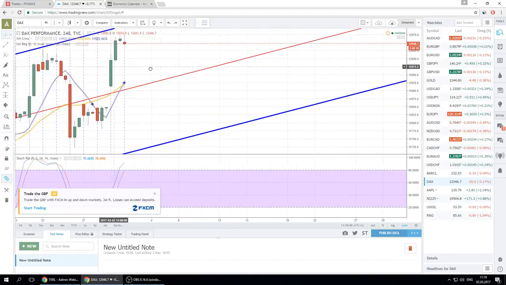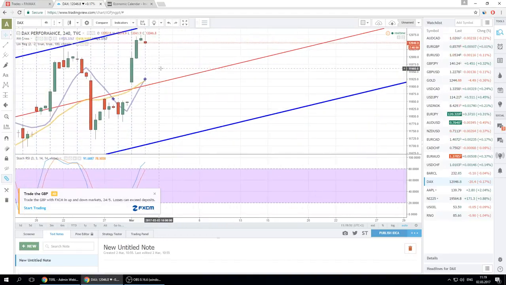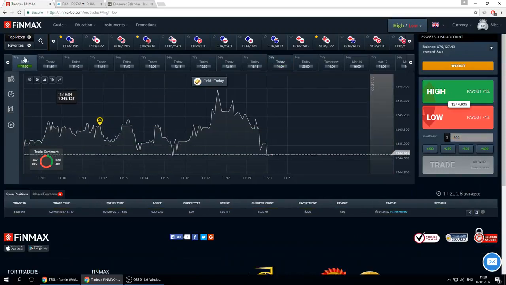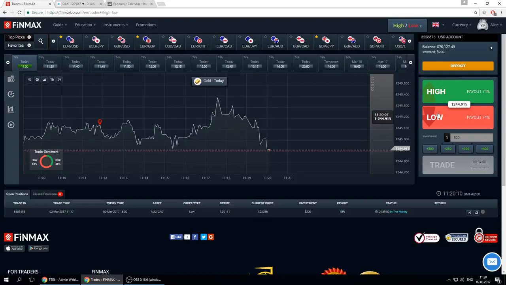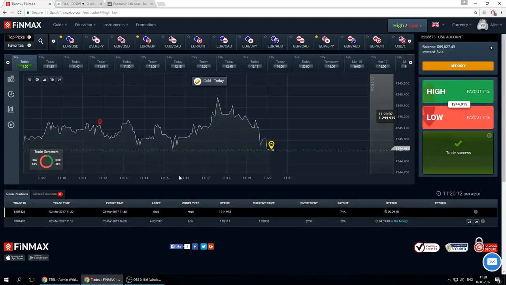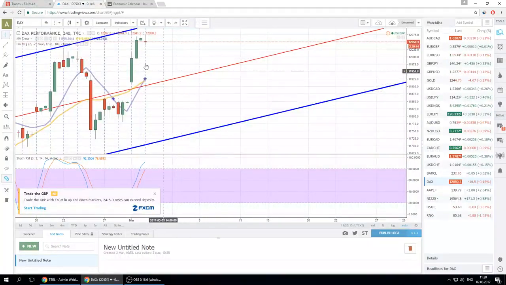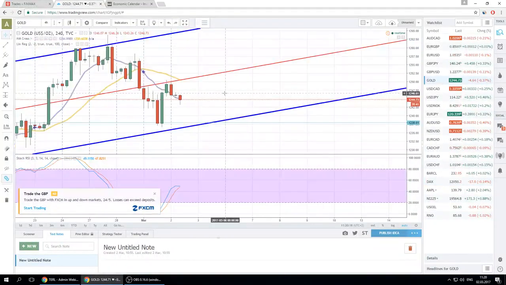Well, pretty interesting case. Probably, okay, out of money. So let's open the next one for 10 minutes. What is happening with the gold?